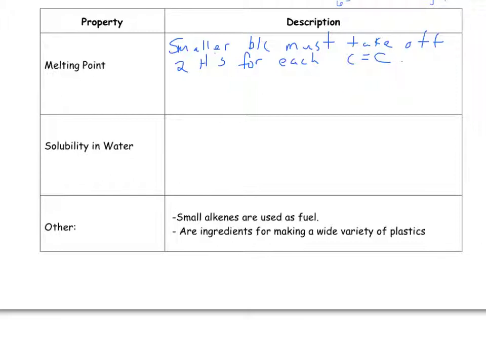So this will have alkenes having a lower melting point than alkanes, because of weaker London dispersion forces due to the smaller size.